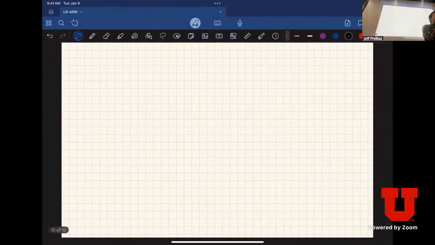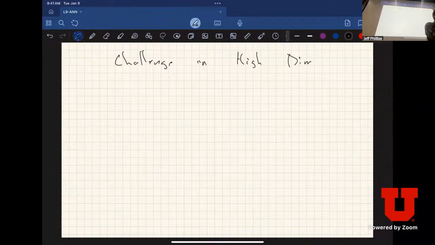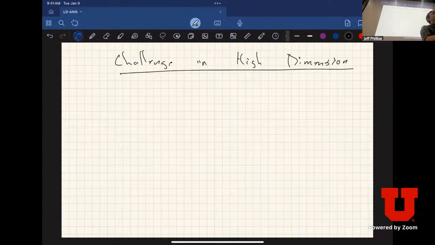The other challenge in high dimensions is that all of the approaches we've done so far use Euclidean distance.